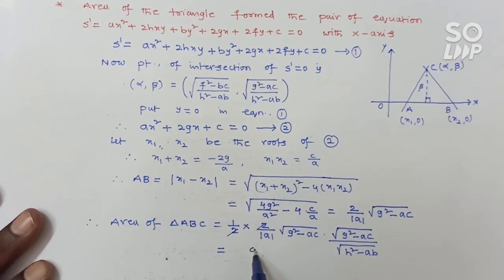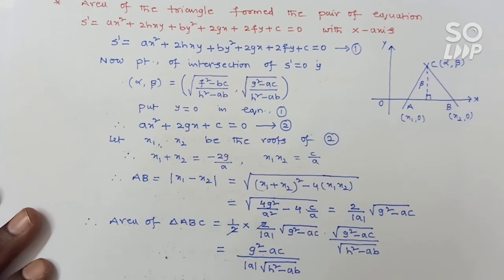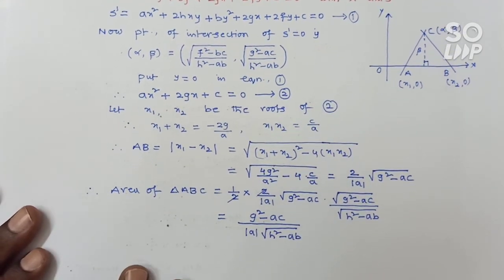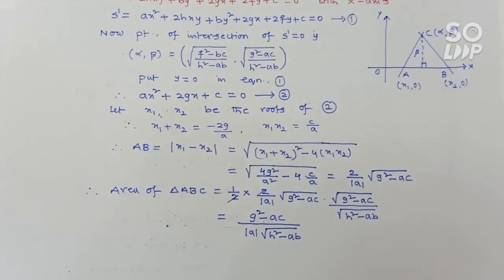This value will be nothing but g square minus AC whole divided by modulus of A into root of h square minus AB. So this one is the area of the triangle formed by the given pair of equation with the x-axis, right?